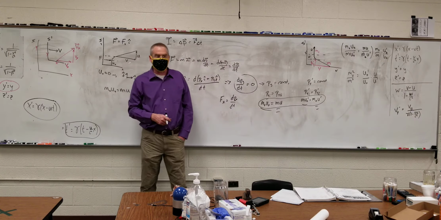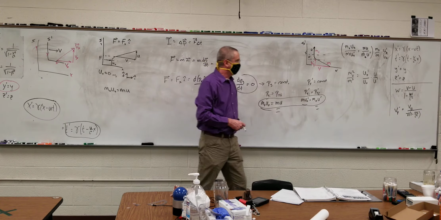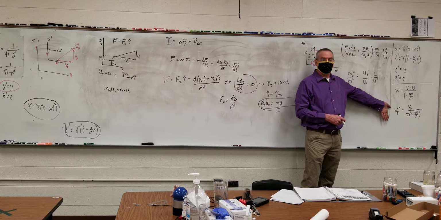Recognize that these u's are the velocities that are perpendicular to the motion of the prime frame. And conveniently, we just came up with a formula to relate those two.